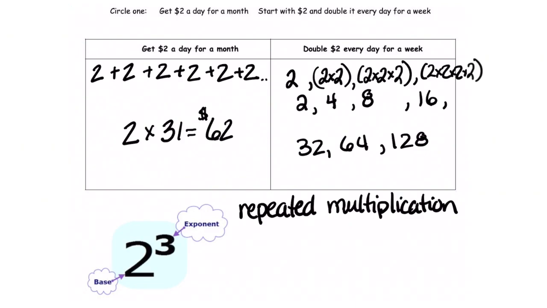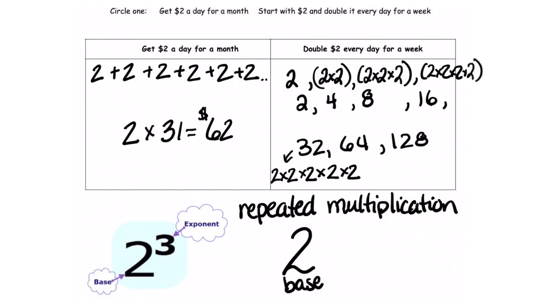So for example, for 32, I had 2 times 2 made 4, times 2 made 8, times 2 made 16, times 2 made 32. Now I can write all that, but there's a very simple way of writing that. What you do is you're taking that number that's being repeatedly multiplied. That's my 2. That's our base.